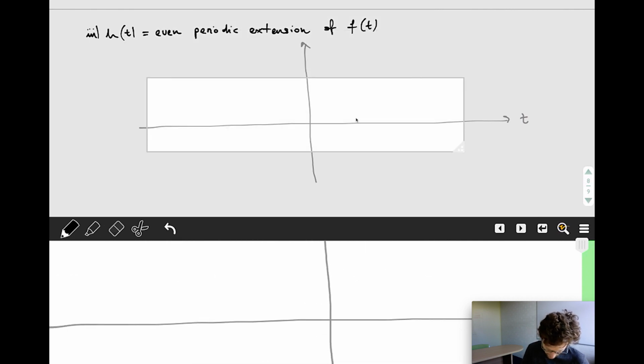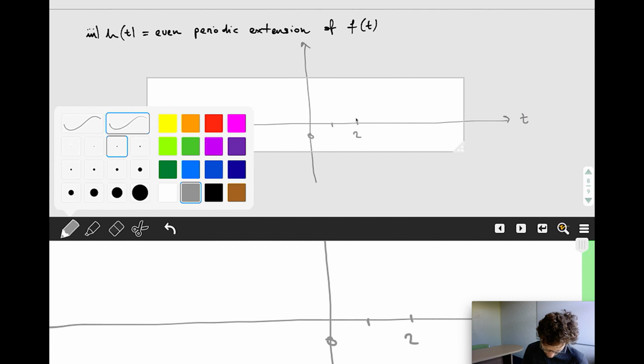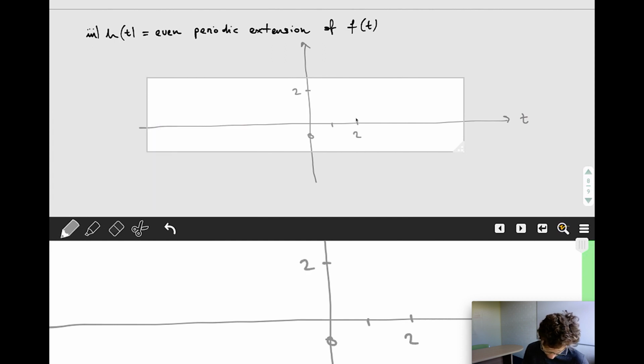Once again, I'm going to start off with exactly the same original tile between 0 and 2. So that's a function that looked like this.